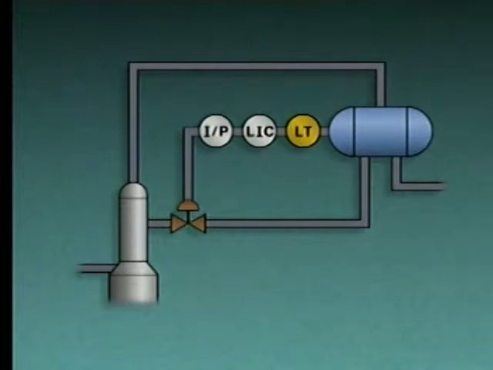The transmitter produces an electronic signal that represents the accumulator level. The controller receives the signal from the transmitter and produces a corrective output signal. The I to P converter converts the electronic signal from the controller to a pneumatic signal, and the air-operated control valve regulates the flow of reflux to the tower.